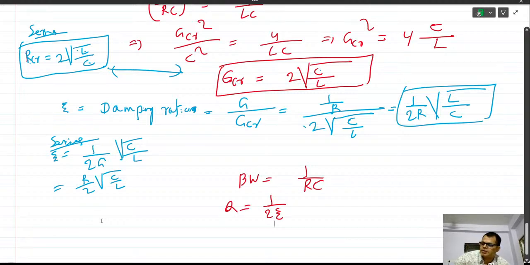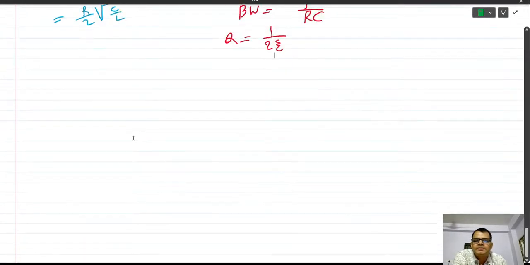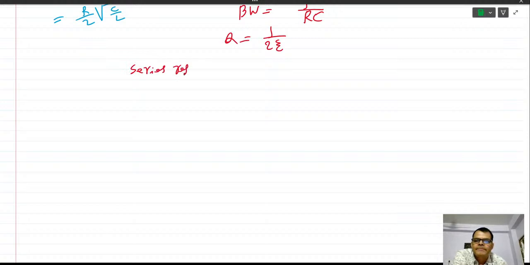So it's better when you make your notes to draw a comparative table, so that you remember only one and can derive all the others. For example, write down the important relations for series resonance and parallel resonance.